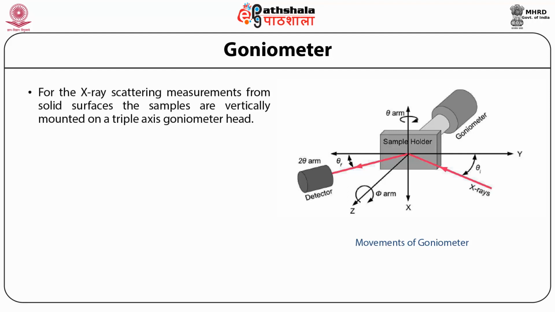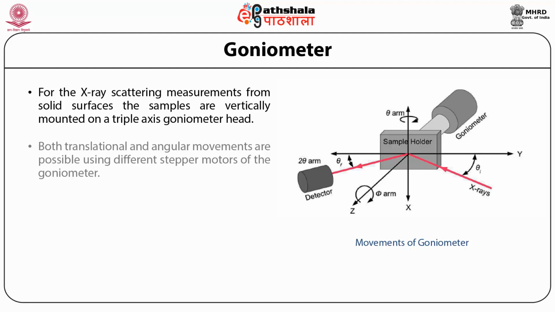For the X-ray scattering measurements from solid surfaces, the samples are vertically mounted on a triple axis goniometer head. Both translational and angular movements are possible using different stepper motors of the goniometer.